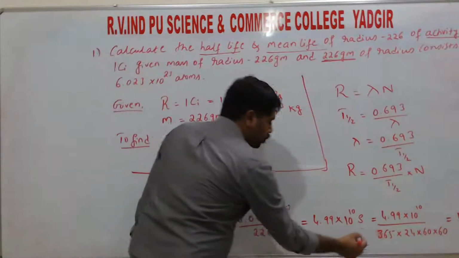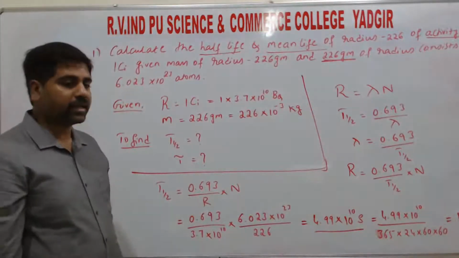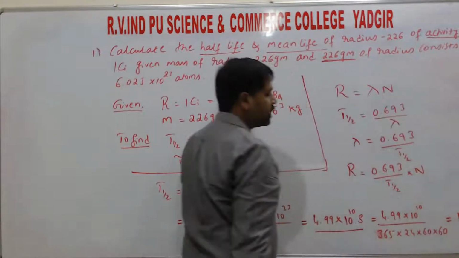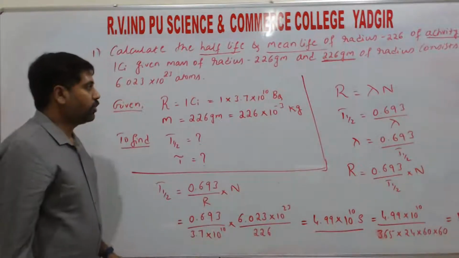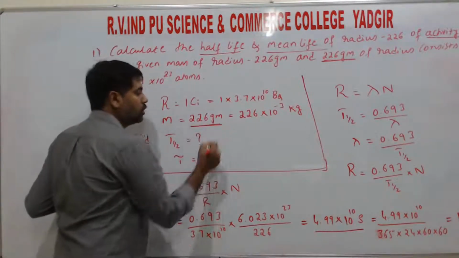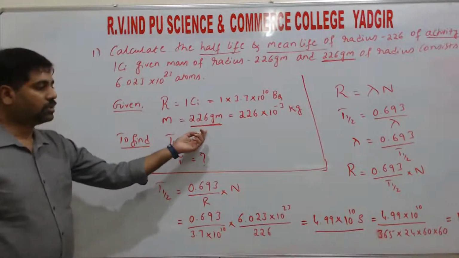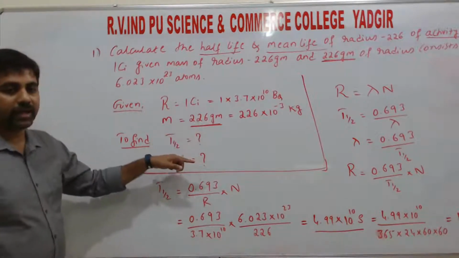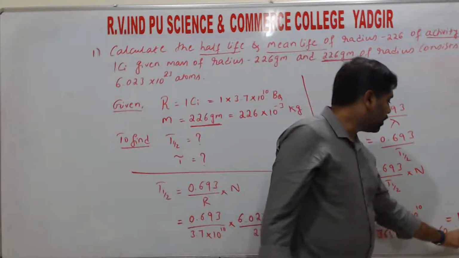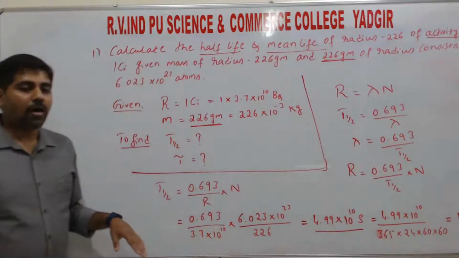So either we can stop up to here, 4.99 into 10 to the power of 10 seconds, or we can stop here by calculating in terms of years. So that means only 226 grams, only a small amount of the gram, this much has to disintegrate its half time, that is, it takes 1583 years to reduce its nuclei to half.